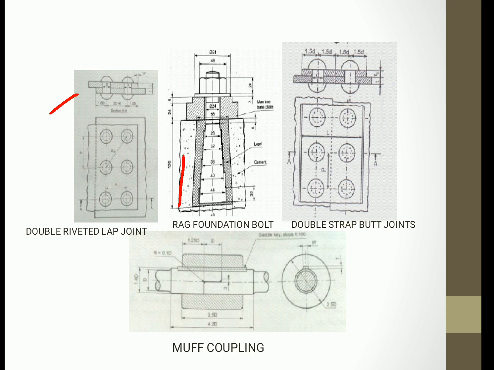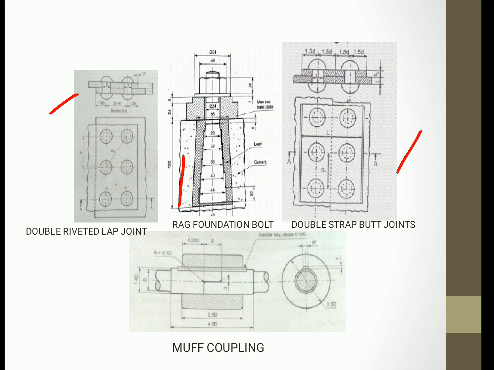We can see in this figure of the double strap butt joint, only one cover strap is used and 1 row of rivets is used in each plate.